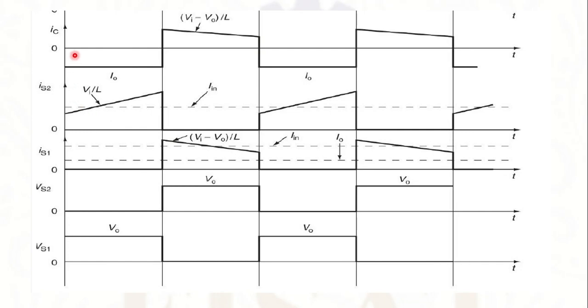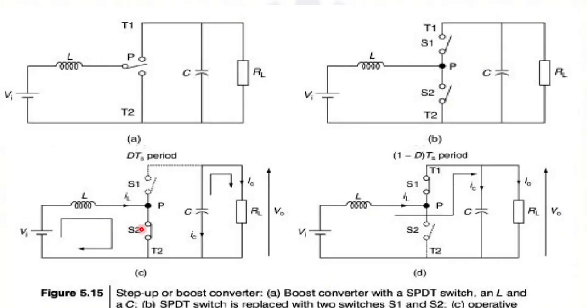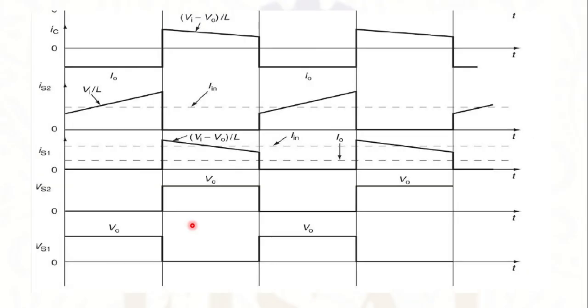These waveforms represent the current through the capacitor, the current through the switches S2 and S1, and the voltage across the switches S2 and S1. When the inductor is charging, that is when S2 is on, there is no current through the capacitor, so the capacitor current is represented as negative.